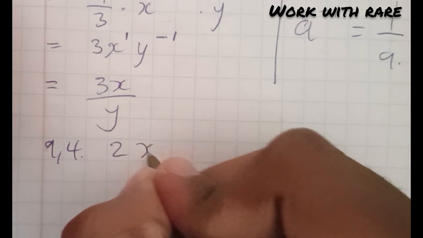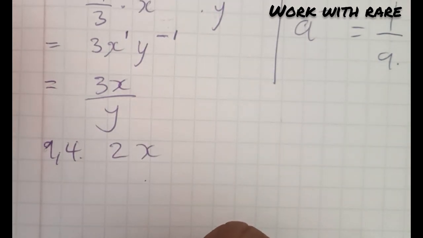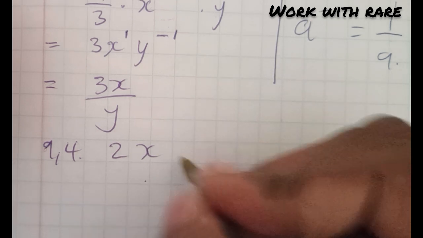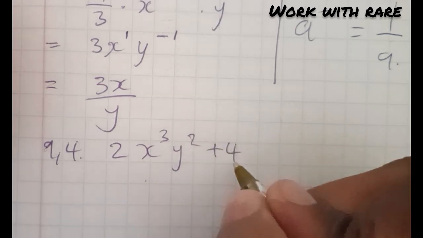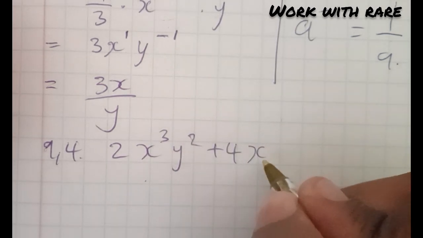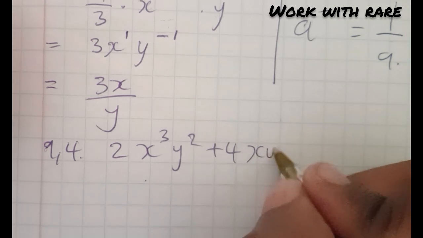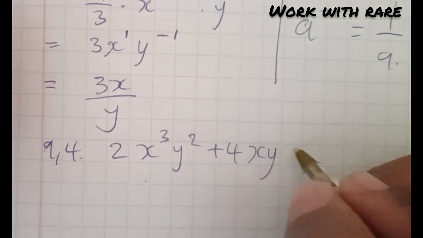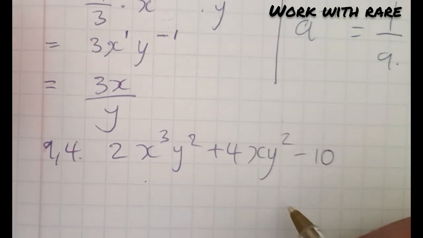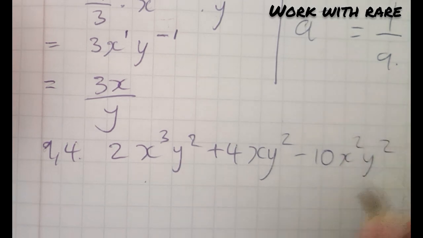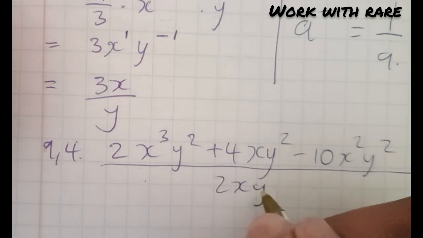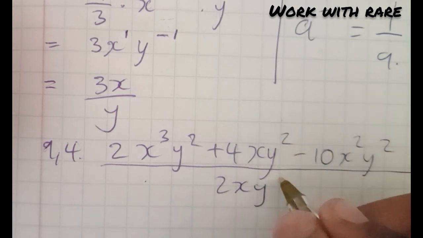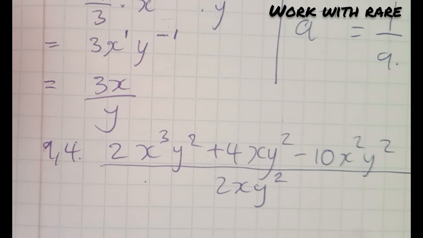We have 2x to the exponent 3, y to the exponent 2, plus 4x y to the exponent 2, minus 10x squared y squared, all over 2x y to the exponent 2. Remember, we have to simplify.